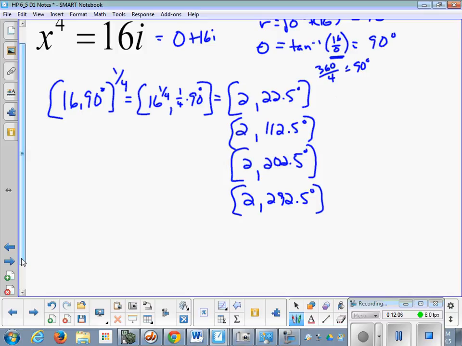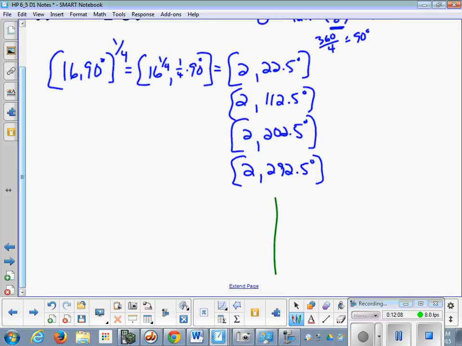Now we're going to show you a little interesting picture. This is 22.5 degrees. That's about here. Okay. I've got another one at 112.